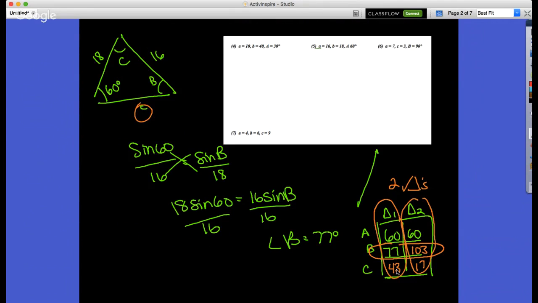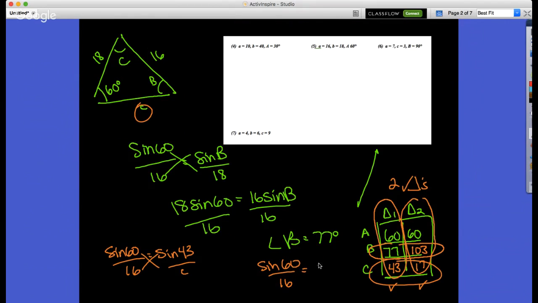And last but not least, we want to find what C is. But how many times do I need to solve for C? Well, I actually have to solve twice because there's 2 different angles. So we'll say sine of 60 over 16 equals sine of, in this case, 43 first, over little c. And then the second one, sine of 60 over 16 equals sine of 17 over little c. So let's cross multiply and see what we get here.